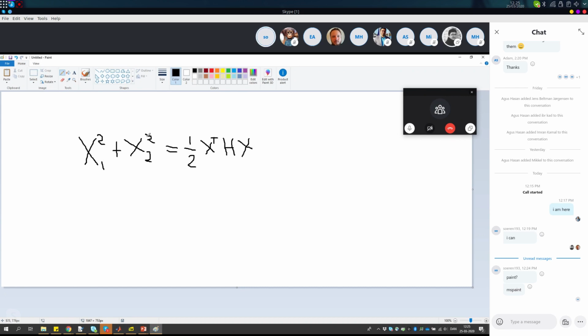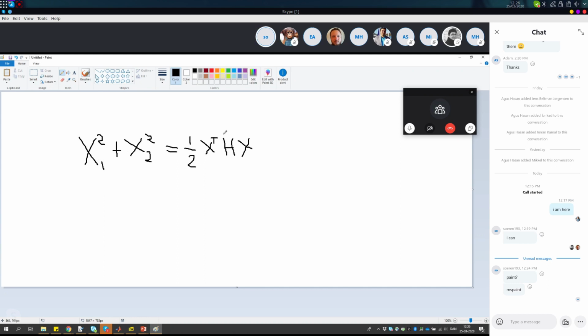So x1 square plus x2 square is half times x transpose times H times x. And once again, this x is a vector that consists of x1 and x2.